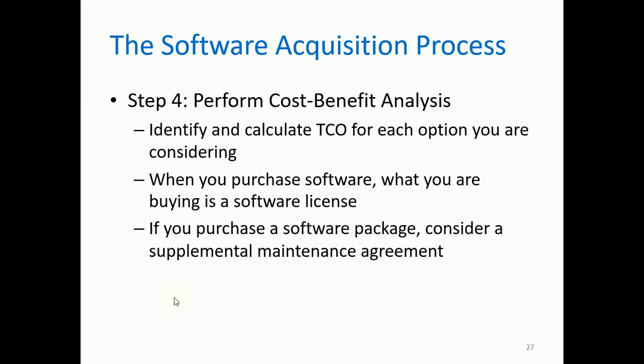And then step number 4, perform cost-benefit analysis. Identify and calculate TCO for each option you are considering. TCO is total cost of ownership. When you purchase software, what you are buying is a software license. I've already mentioned that a while ago. If you purchase a software package, consider a supplemental maintenance agreement.